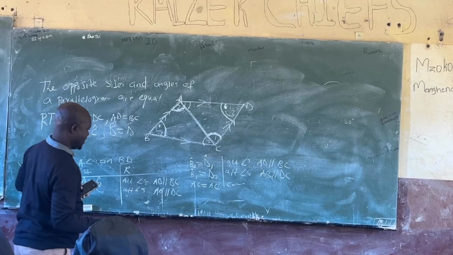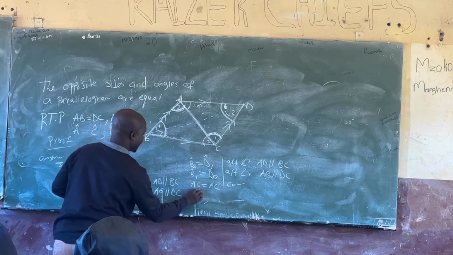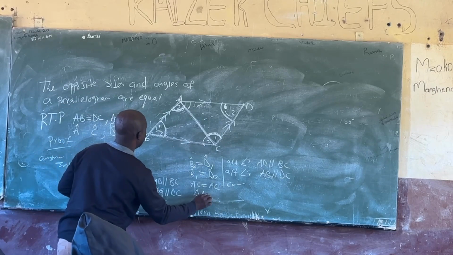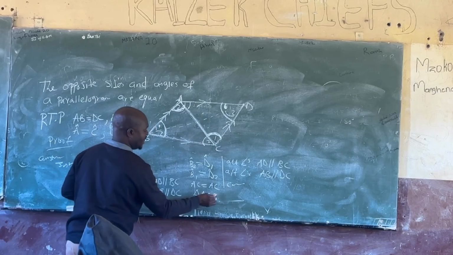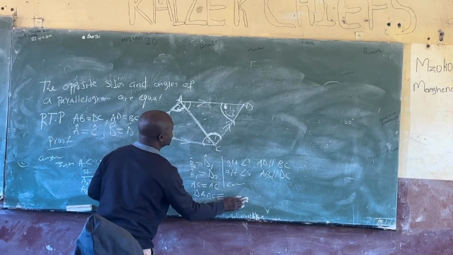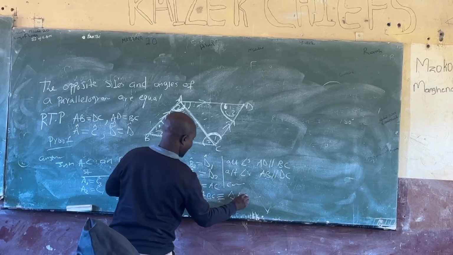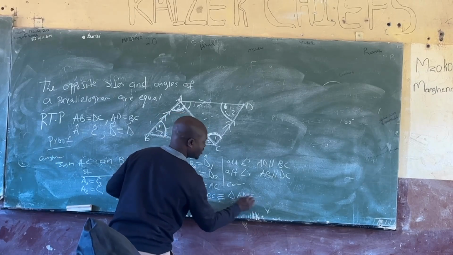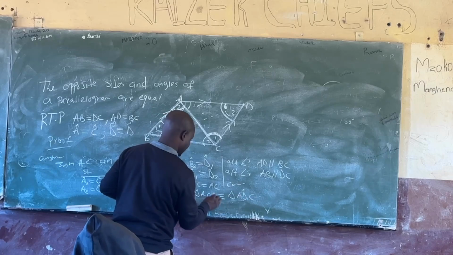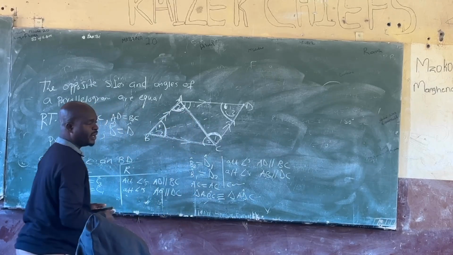Proper, that's right. Triangle what? ABC is congruent to what? Triangle ADC. Proper, ADC. Okay. What's the reason now?